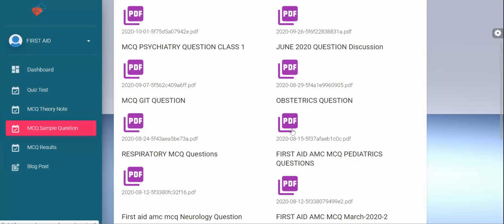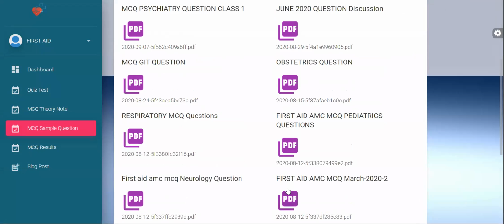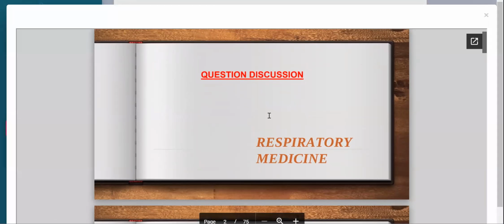If we open the pediatrics, sometimes it can be a little slow because these are very big files.